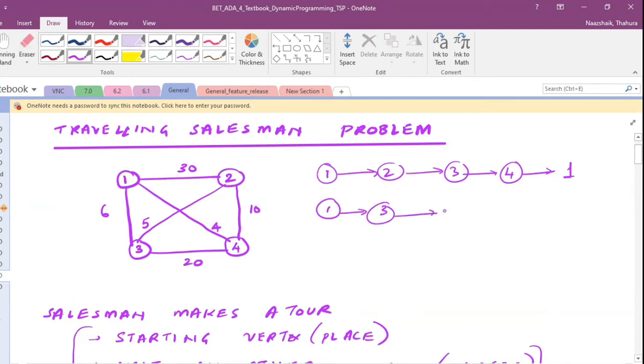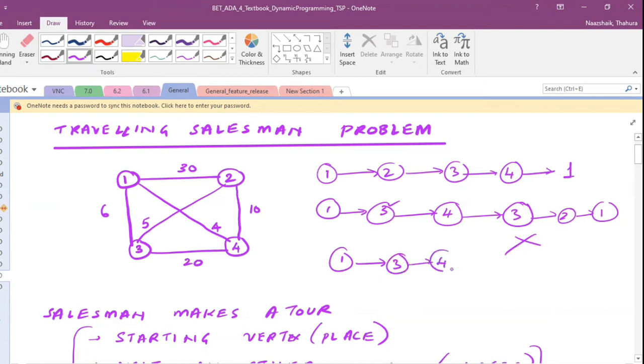But if I go to 4, and then come back to 3 and then go to 2 and then go to 1, this is wrong, because I'm visiting an already visited vertex, I'm repeating it. And if I go to 3, 4, and then come back to 1, this is also wrong, because vertex number 2 is not visited.